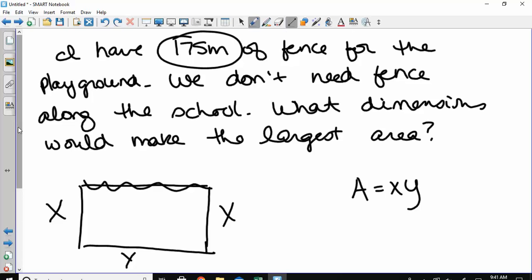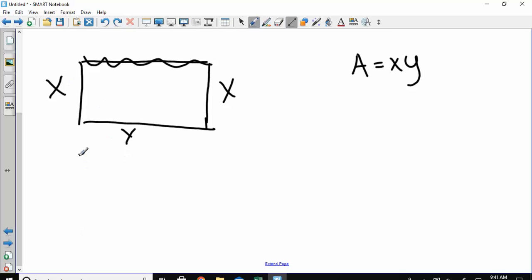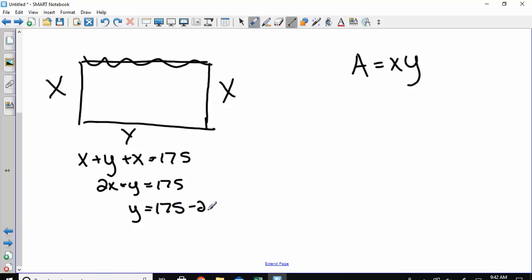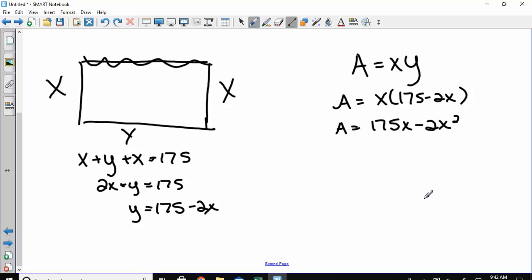So, we know we have 175 meters of fence. So, that's your perimeter. If you add all of these up, it equals 175. So, y is 175 minus 2x. Get 175x minus 2x squared.